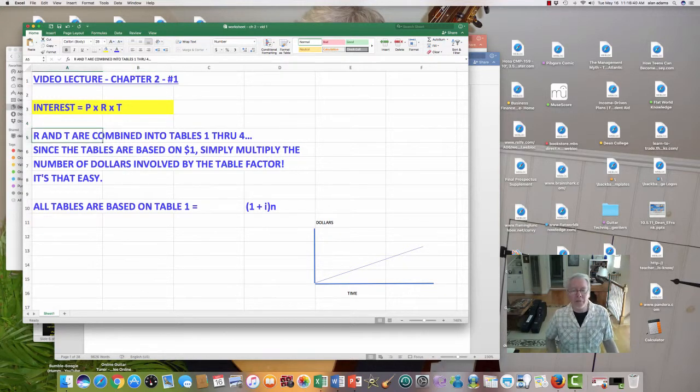So when you look at my 4 tables, ladies and gentlemen, you're looking at an Excel matrix that takes the R and the T and combines them. It puts all the values in a matrix for you, okay? And that's exactly what your computer or your calculator are doing for you. If you look across the top, you're going to see in each column the amount of interest expressed as a percentage rate.